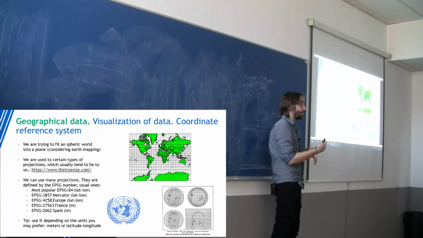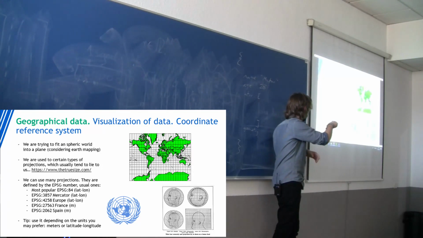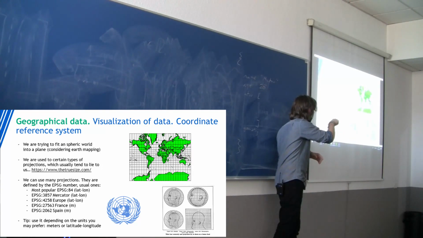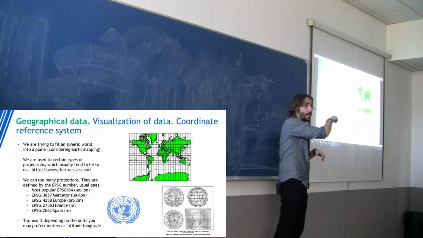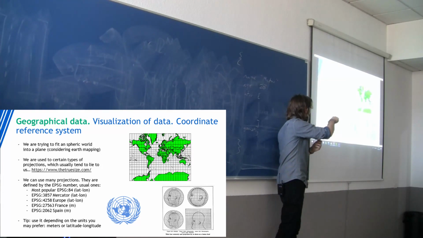So if we want to measure meters in a map in Spain, we have to project our map using this number. I will tell you how to put this number in a geographical context, okay? For Europe, the same. For France, this one.